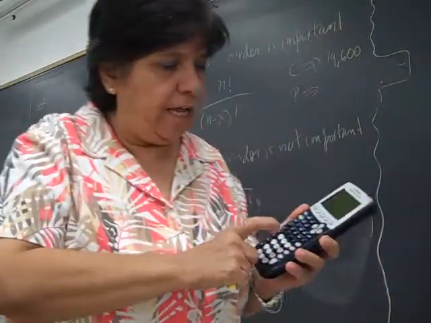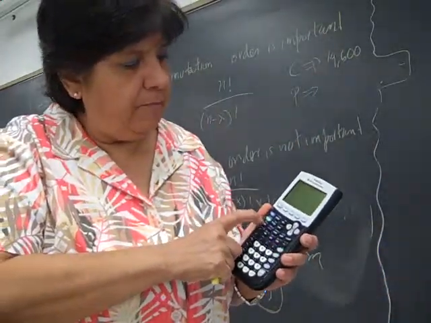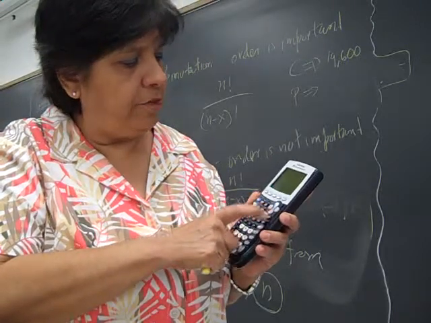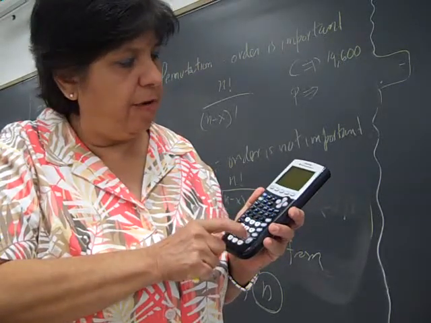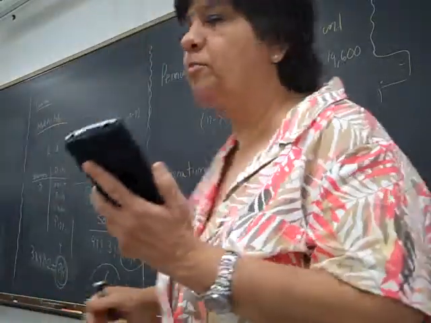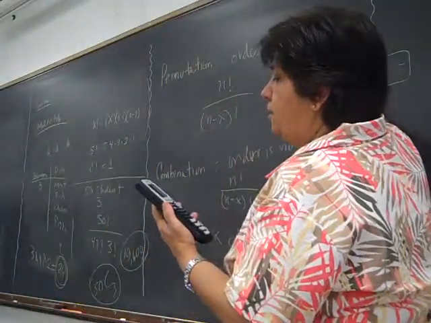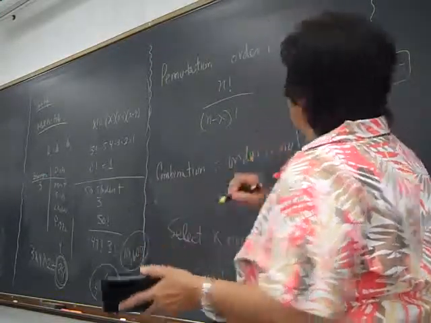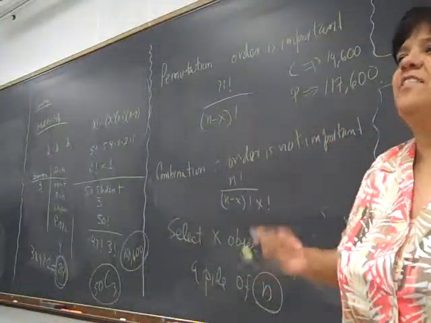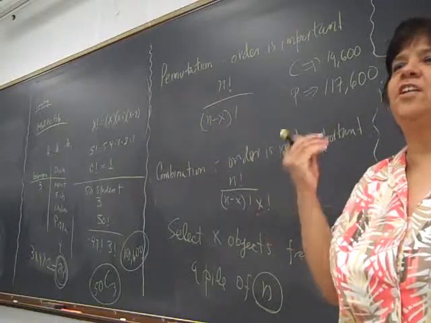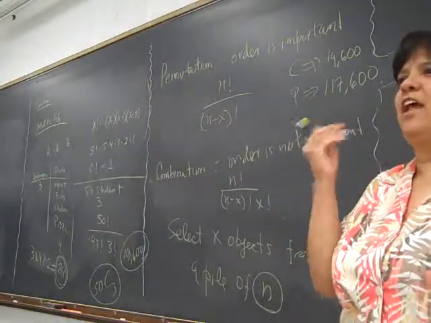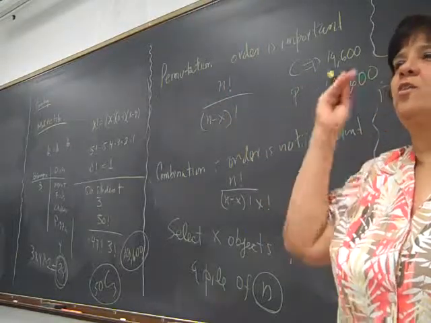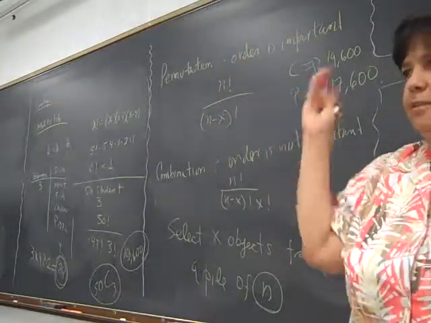Hit 50, math, probability, then go to permutation, enter, hit 3, enter, and it's going to be 117,600 possibilities that I can choose 3 students from a pile of 50 students, going to different places.